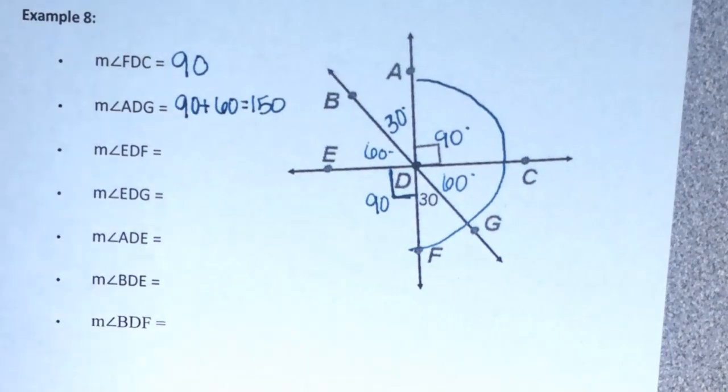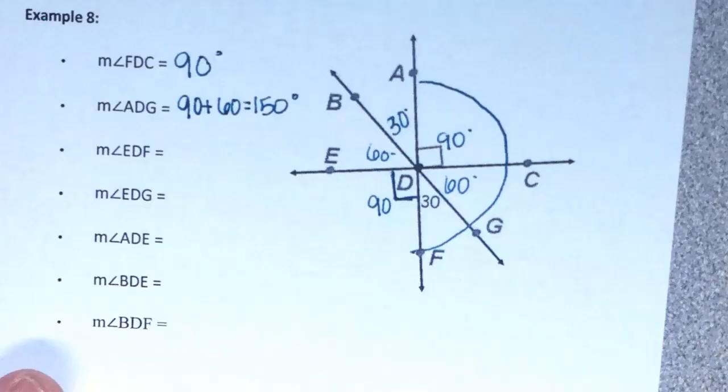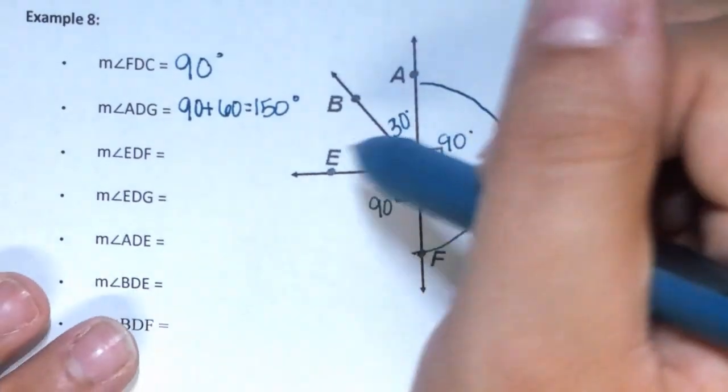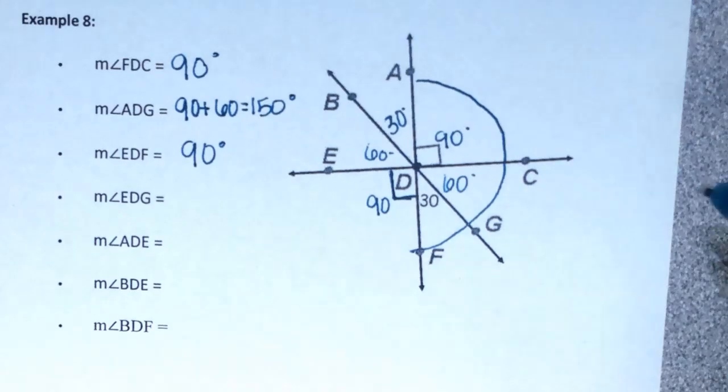You gotta add 90 plus 60 is 150. Now, right here, look up. You have the potential to get all of these right, but minus 7 if you don't put the degrees. Did you remember your degrees? EDF is 90.